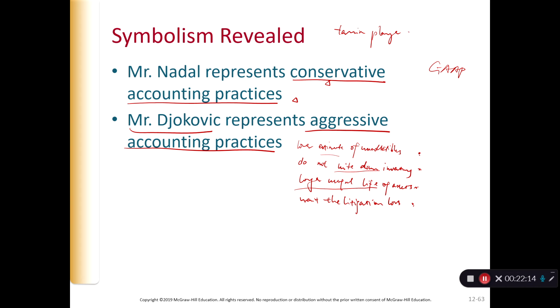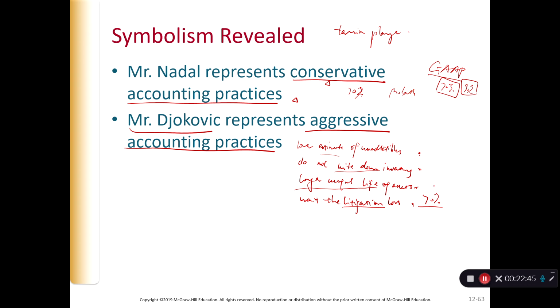And Djokovic didn't recognize litigation because he believed 70% is not probable. And GAAP didn't say, oh, 70% has to be considered as probable versus 90% can be considered as probable. GAAP just says, if you consider the situation is a probable loss, then you have to recognize the loss. And Nadal thinks 70% is highly likely enough to be considered as probable, right?